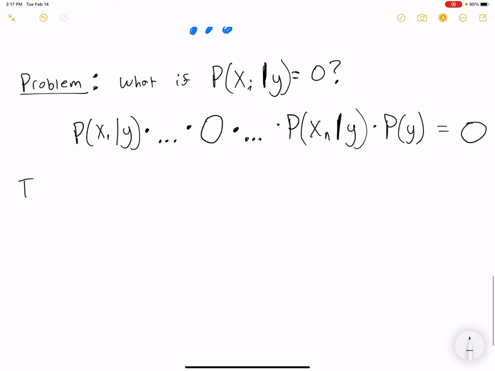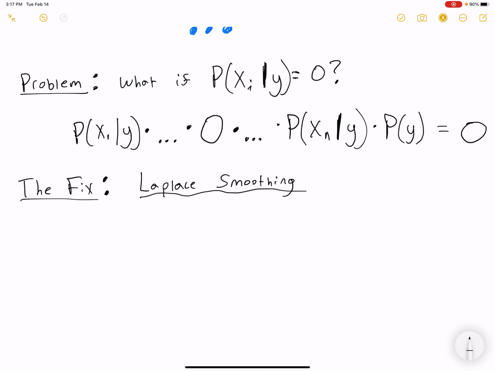So the fix that people use to avoid this, and this is something that you'll implement in the homework via a smoothing parameter, which is one of those things you have to fill in. So the fix is called Laplacian smoothing, which sounds kind of complicated from the name, but it's really not.